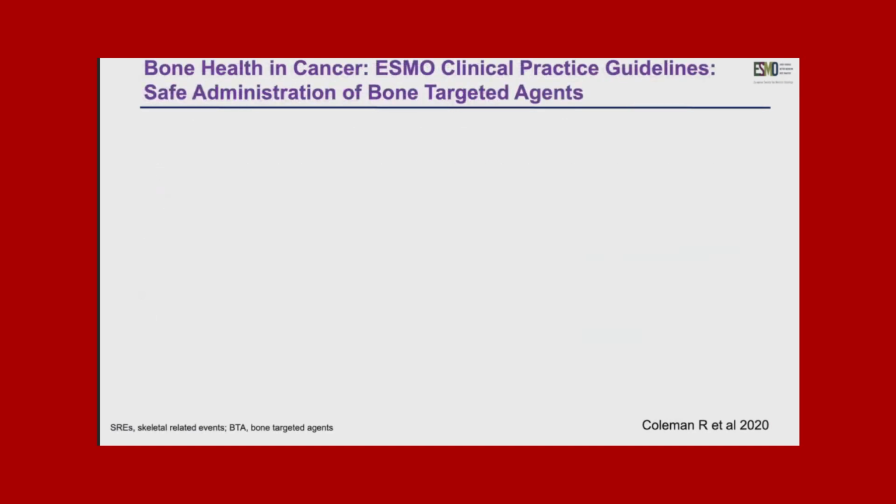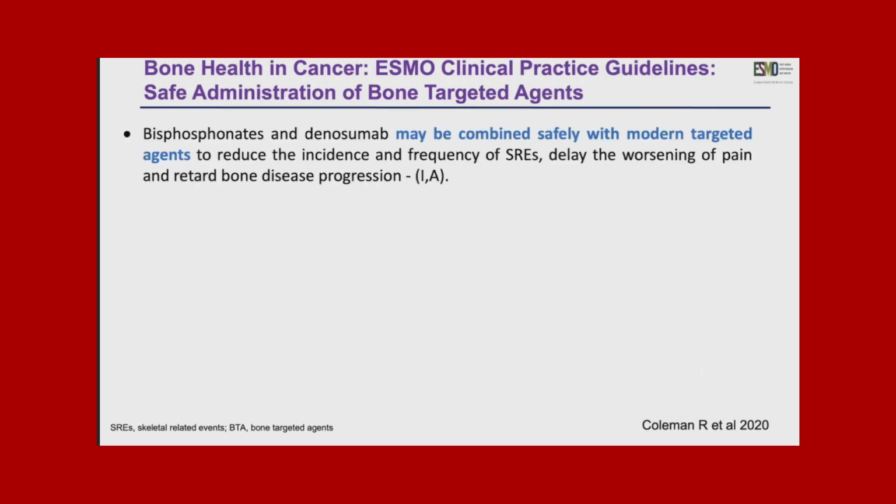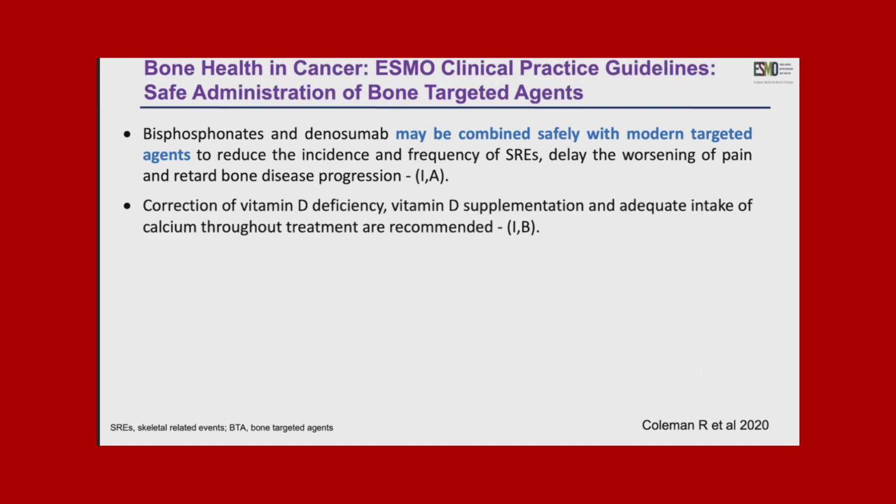And there are also some recommendations about safe administration of bone-targeted agents. For example, this is very important: bisphosphonates and denosumab may be combined safely with modern targeted agents with the aim to reduce the frequency of skeletal-related events.